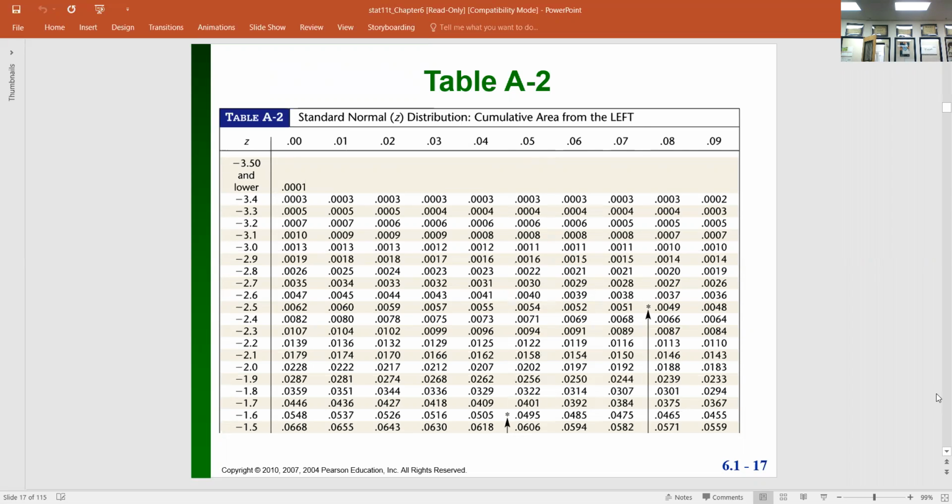So this is the area to the left of minus 2.24, 0.0125. That's the area there. And the area above 80 is 0.9999 because it's beyond 3.5 standard deviations.